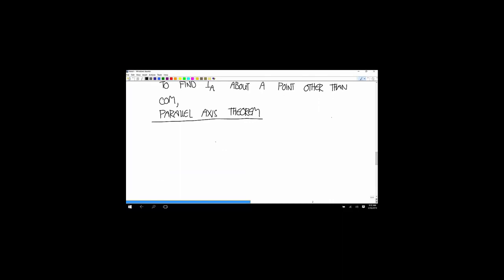And what this says is, let's say we have this arbitrary object in 2D. And let's say that the center of mass is here. So let's say there's one axis here that we'll call C. And it goes through the center of mass.